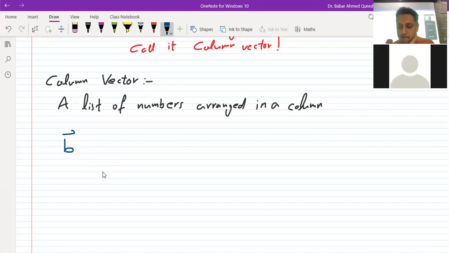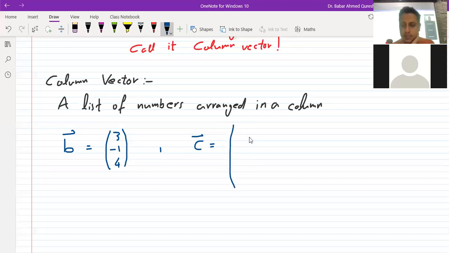So in our above example, the vector which I had was this one. But in general, you don't have any restriction on how many numbers there could be in this list. You can have as many as you want.